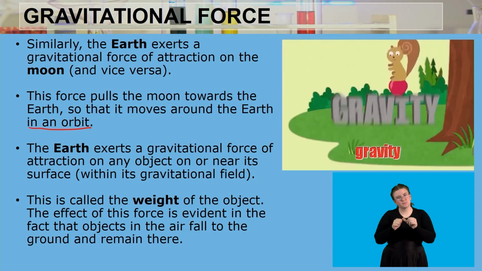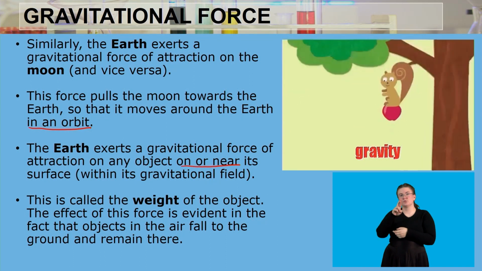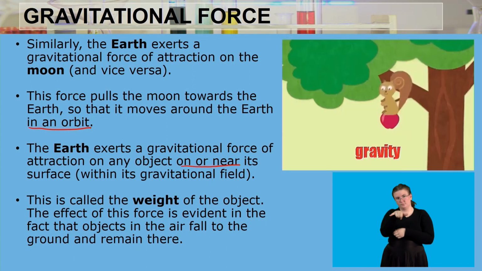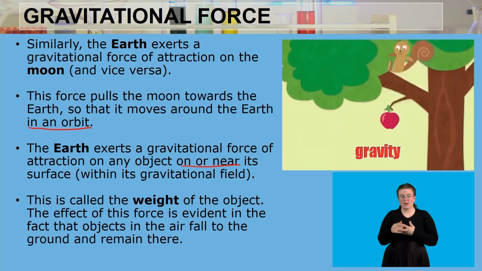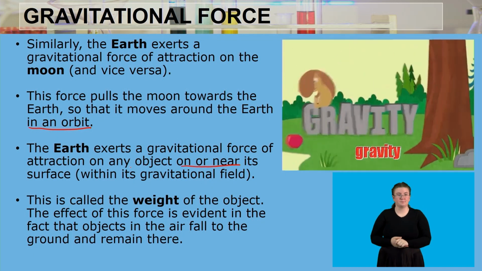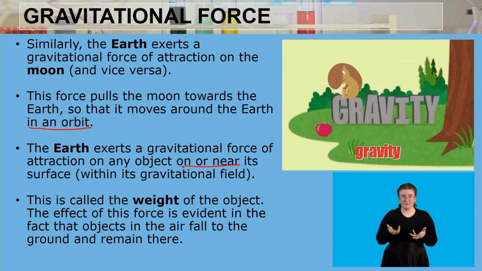Now the Earth exerts a gravitational force of attraction on any object on or near its surface within its gravitational field. So the gravitational field is the space around an object that has a mass. So this is called weight. This force that is exerted on an object that is on or near the surface of the Earth is going to be called weight.